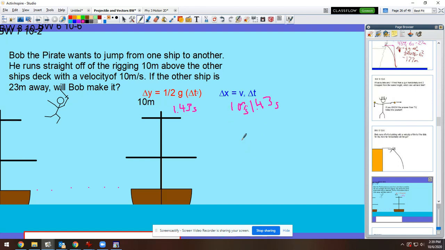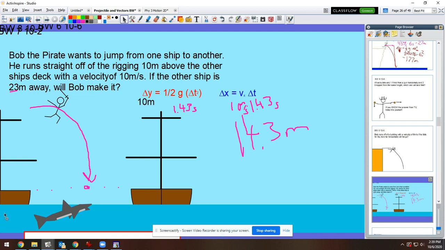And if you take 10 times 1.43, you end up with 14.3 meters. Well, gosh, if this is 23 meters, 14.3 is, well, maybe there? Bob does not make it. He falls right here. Now, the big focus right now should really not be Bob's fate.